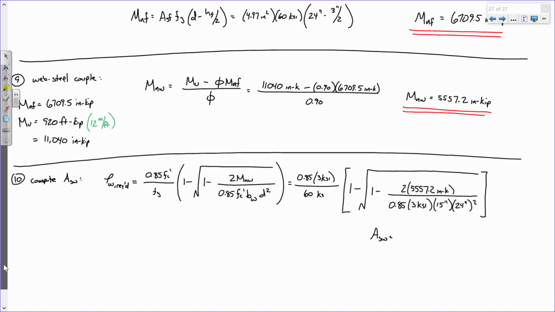I'll give you all a second on this. Again, just the BW is 15 inches, not the full 54, and just use that for your MN. Other than that, same expression.